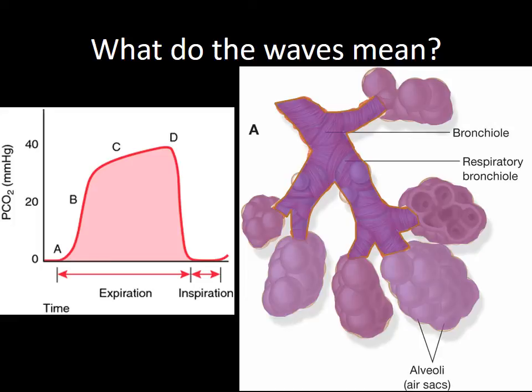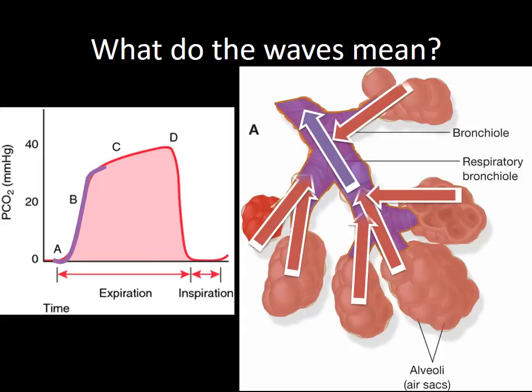That's why you see a sudden increase from baseline to a very sharp climb. We're getting rid of all the dead space, and then we quickly are getting rid of the carbon dioxide in the alveoli. So you see a sudden and dramatic increase in carbon dioxide.